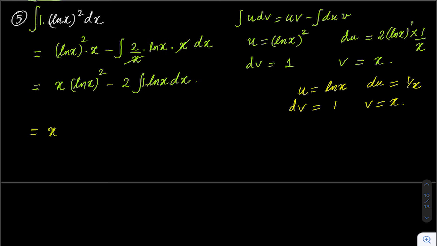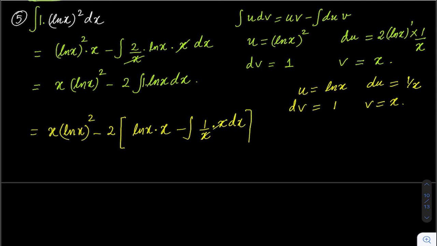So let's apply by parts. So this is equal to x (ln x) whole square minus 2 in brackets, okay, uv. So ln x into x minus integration of v du. So du is 1 over x, v is x, dx. X cancels. Let's write the final answer.